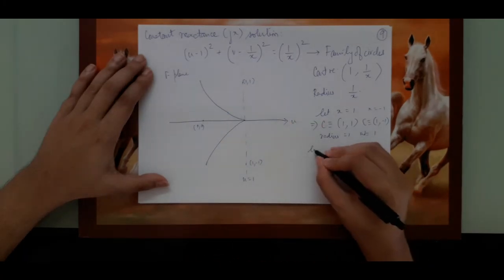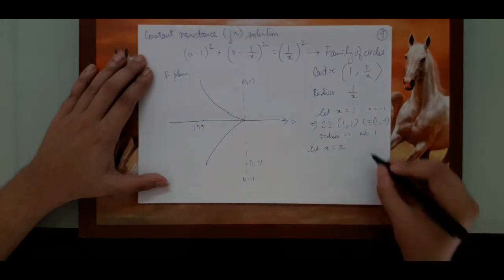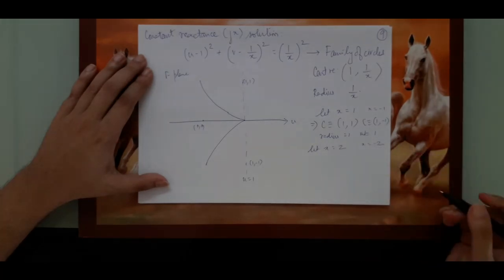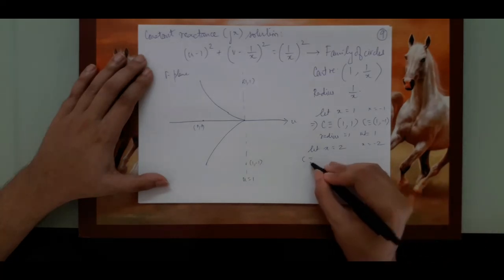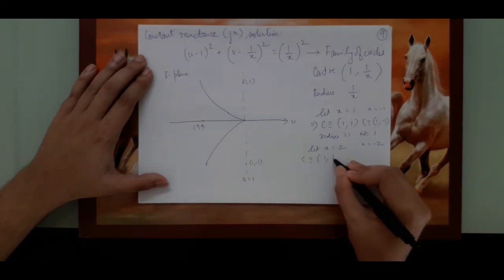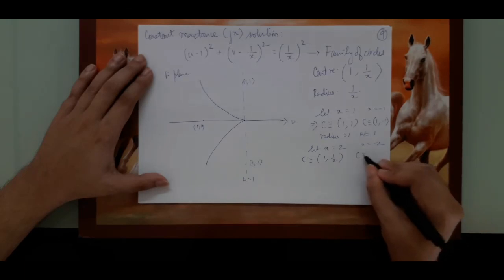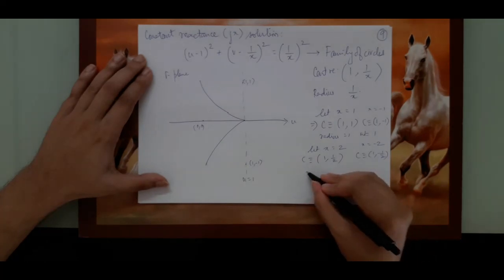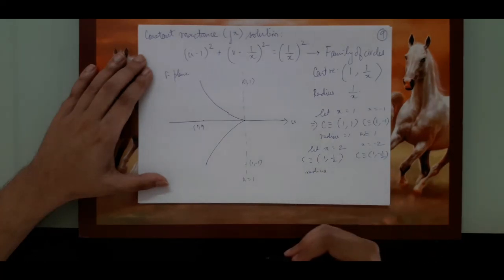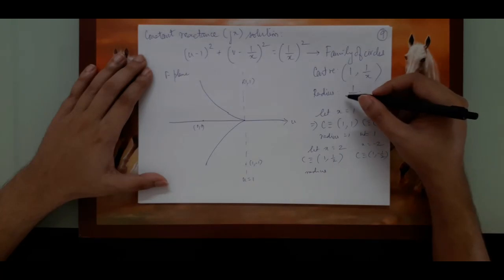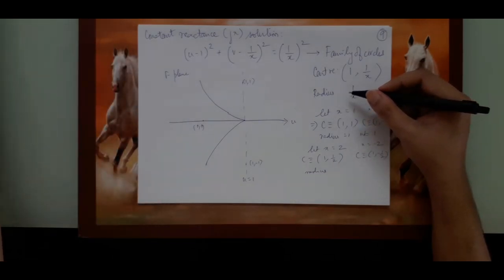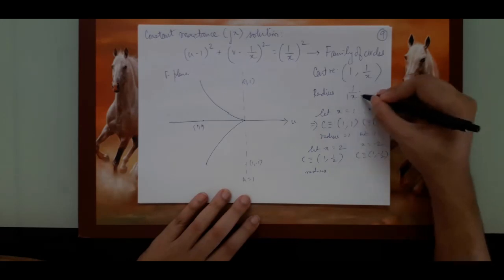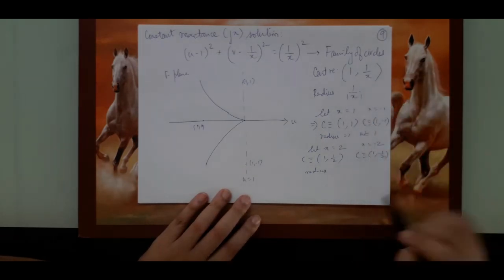So now let x be 2 and x be minus 2 as the second case. So the center will be 1, half, and here the center will be 1, minus half, and the radius should ideally be 1 by mod x.